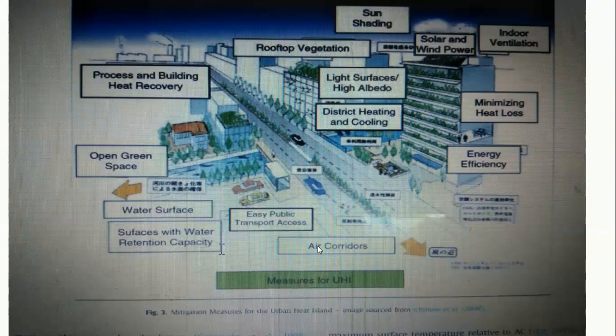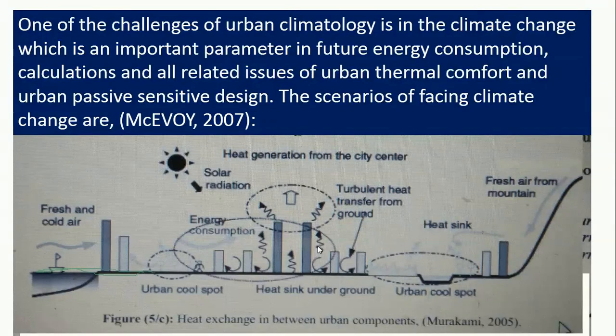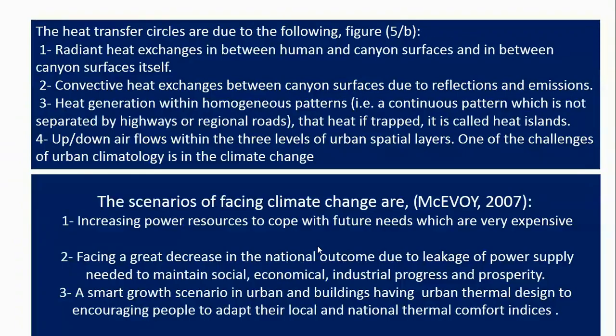I again mention the points. What is urban heat island? What are the causes of urban heat island? What are the features of urban heat island? What are the causes and consequences of urban heat island? How can urban heat island be measured, and what is the vulnerability of urban heat island? What is the stress of urban heat island?